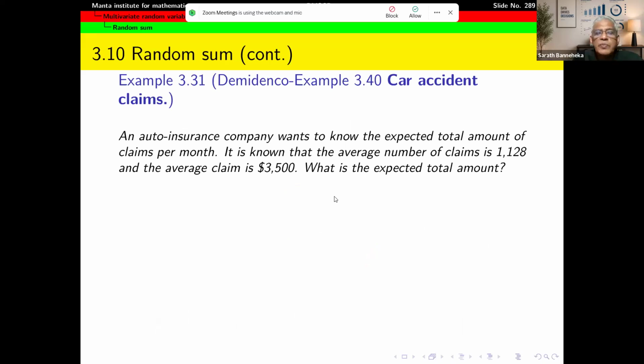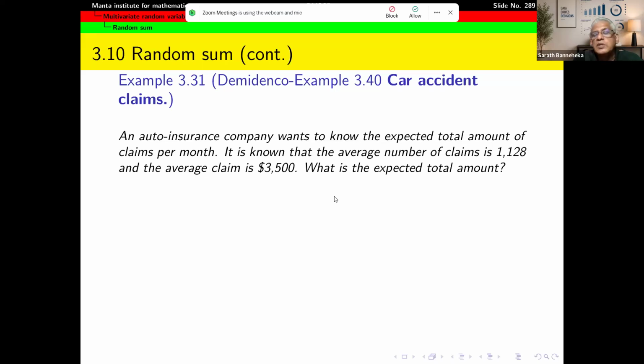An auto insurance company wants to know the expected total amount of claims per month. It is known that the average number of claims is 1,128. So if we denote the number of claims as n, expected value of n is equal to this number. And the average claim is $3,500.